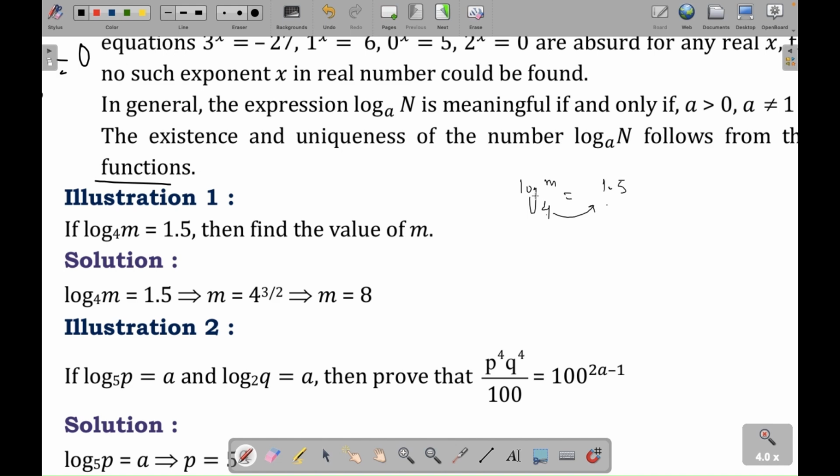If you want to remove log, you take the anti-log. So 4 will go on the right hand side, so log will vanish. So m will be equal to 4 to the power 1.5. Right? So m is equal to 4 to the power 3 upon 2. So this is 2 squared, right? Which is equal to 8. Right?